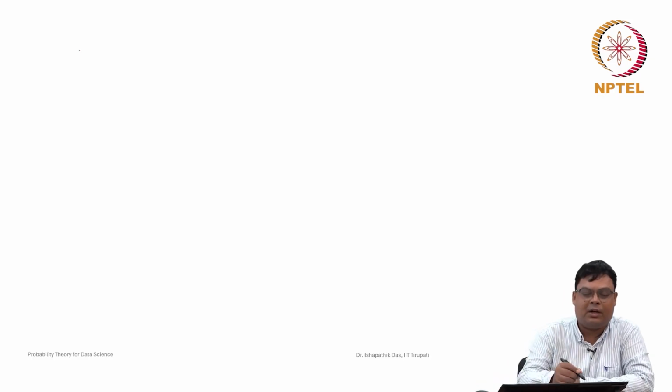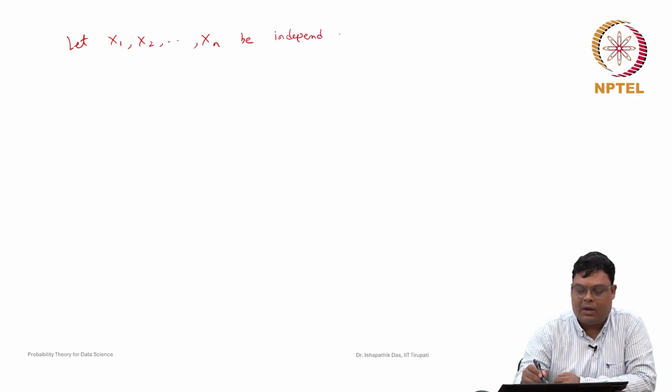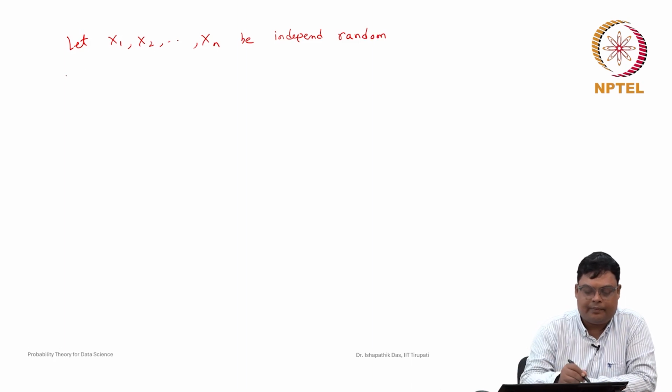So, let us write down: let x1, x2, ..., xn be independent random variables, with each xi having a normal distribution with mean mu i and variance sigma i square.